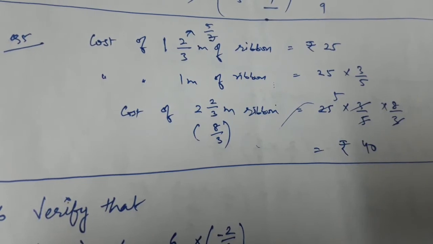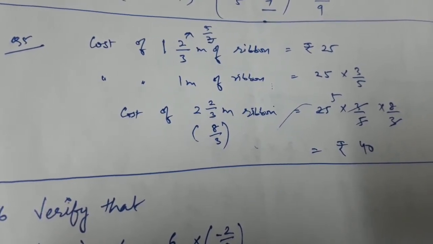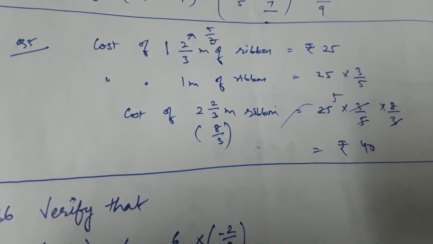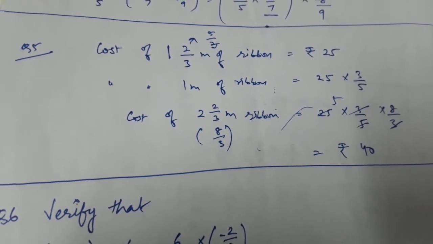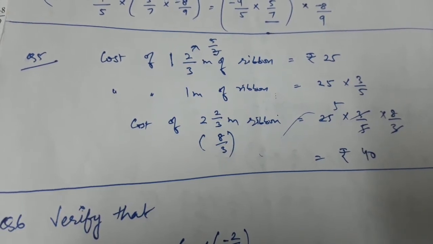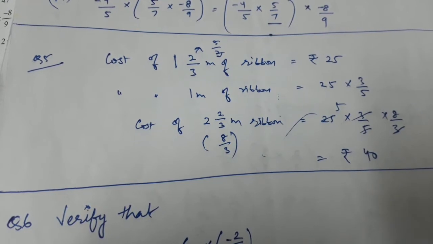In question number 5, we have been given the length of 2 whole 2 by 3 meters of ribbon and its cost. We have to find out the cost of 2 whole 2 by 3 meters of ribbon. The cost of 1 whole 2 by 3 meters, that is 5 by 3 meters of ribbon, is rupees 25.